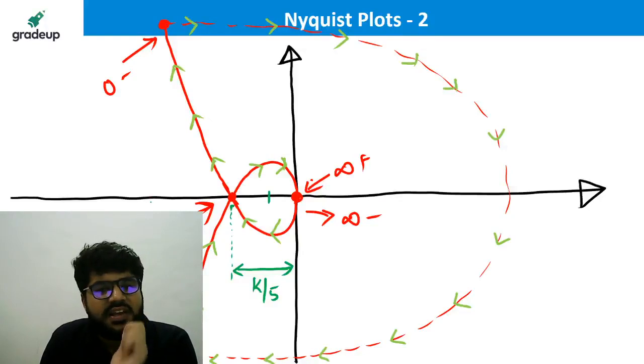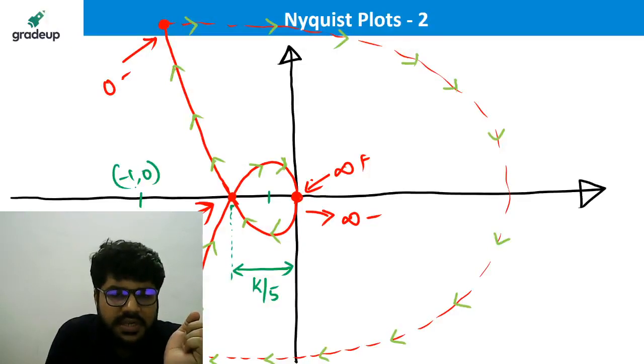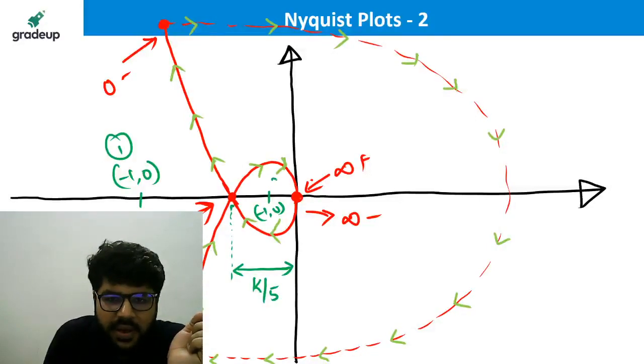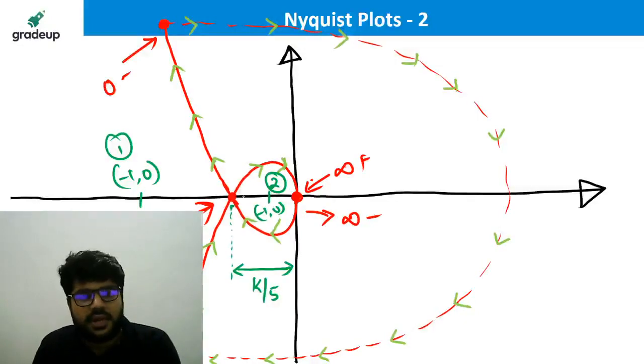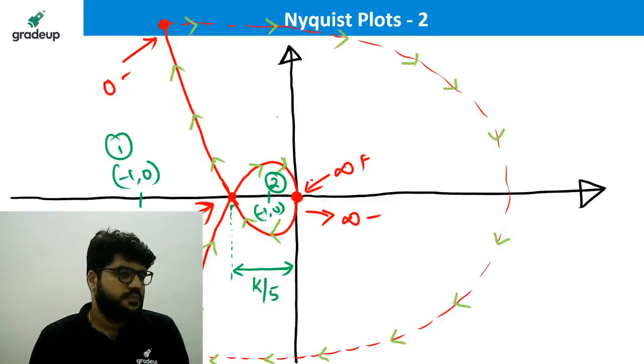Or if k is, suppose, 1, then 1 upon 5 is less than 1. So minus 1 comma 0 may be outside or it may be inside. Suppose I call this case number 1 and case number 2.